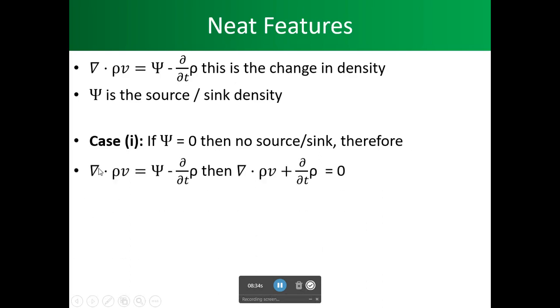Therefore, because this is all in reference to the density, we can have our divergence plus the change over time for rho is equal to 0.